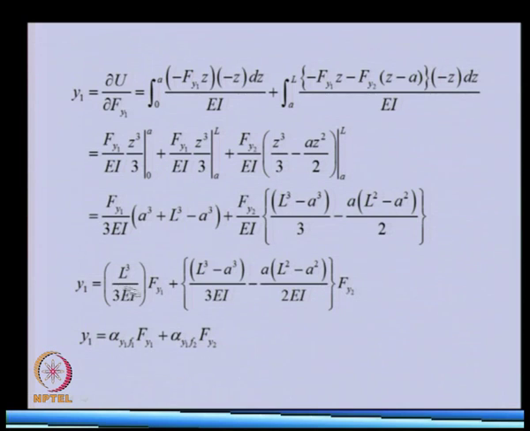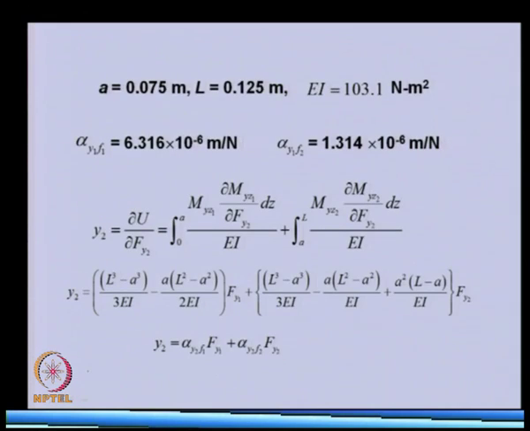So, this is the alpha 11 and alpha 12 for this present problem. Similarly, if we put the values of various properties of the shaft, we can get these influence coefficients alpha 11 and alpha 12 from the previous expression.